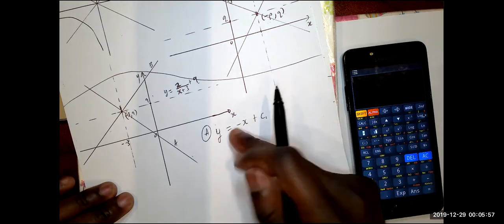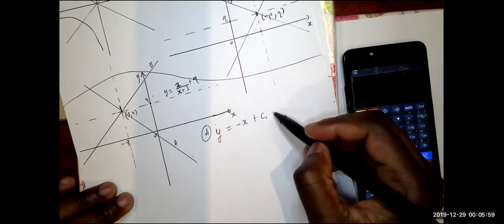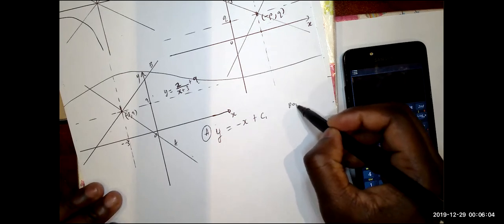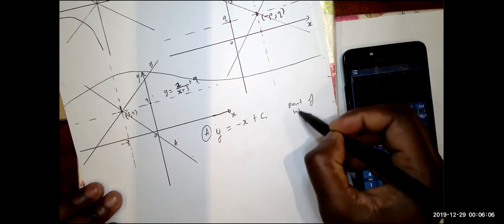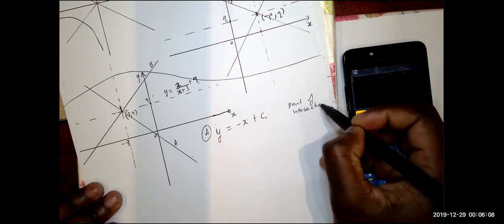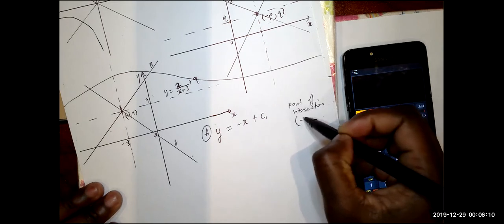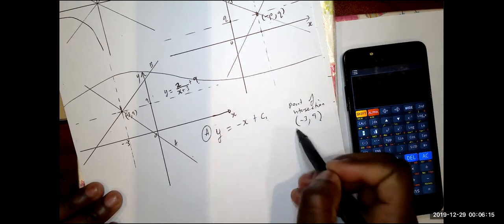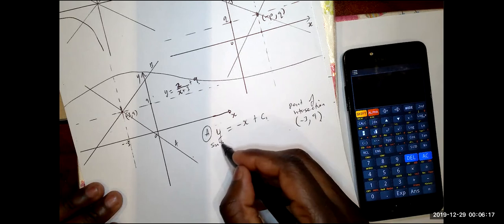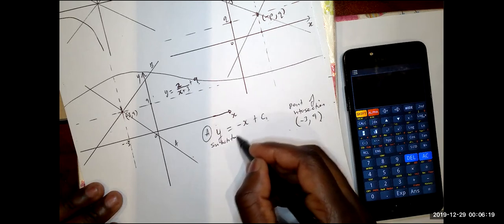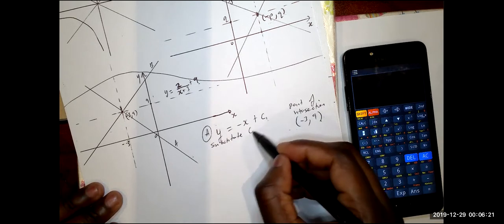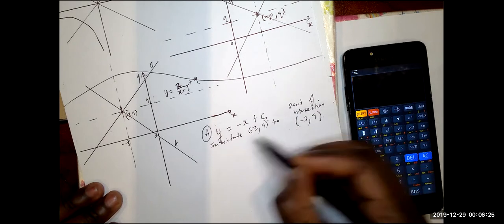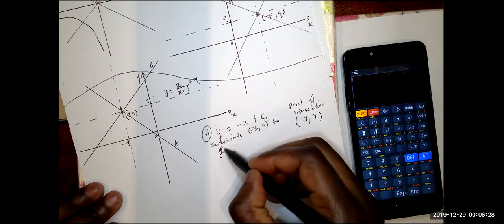And let's substitute now the coordinates of the center, the point of intersection, which is -3 and 9, to find our c.